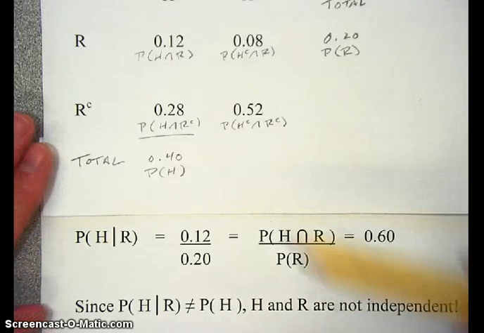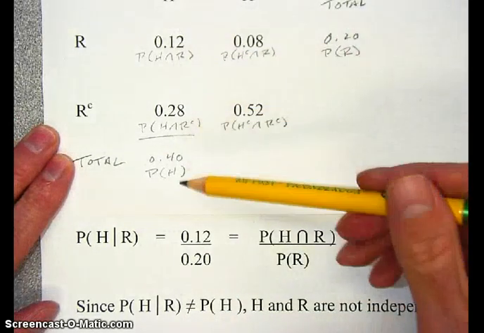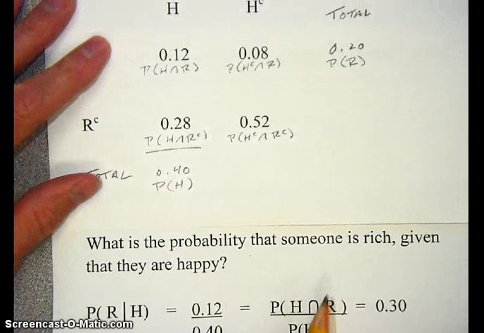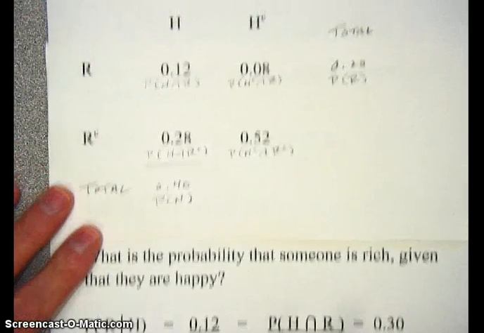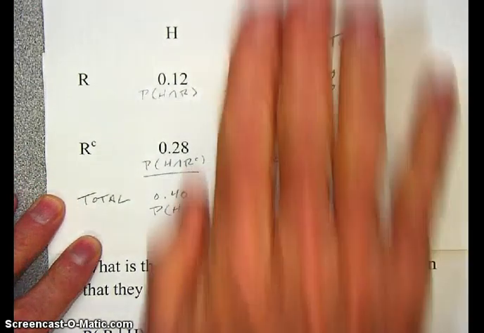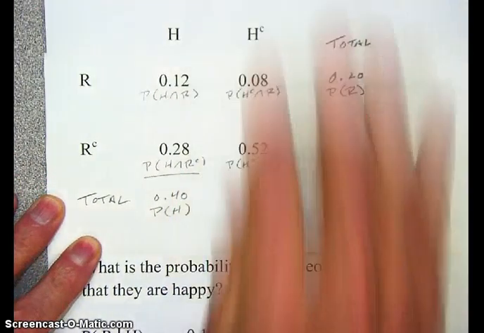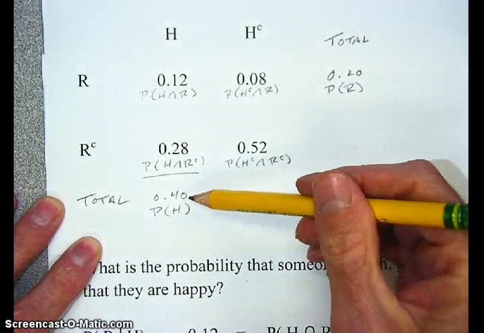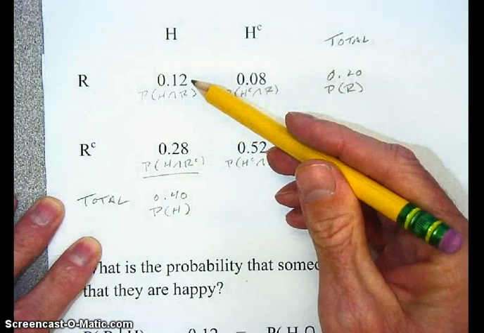We can do a similar calculation for people that are happy. If we want to find the probability that someone is rich given that they are happy, we could look at this column right here. If they're happy, we could ignore the rest of the table and just look at this column. We've got 40% of the people are happy, 12% of the people are happy and rich.